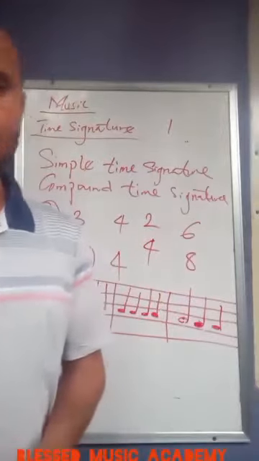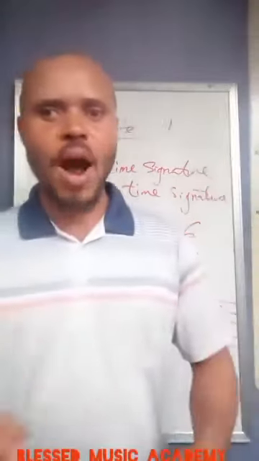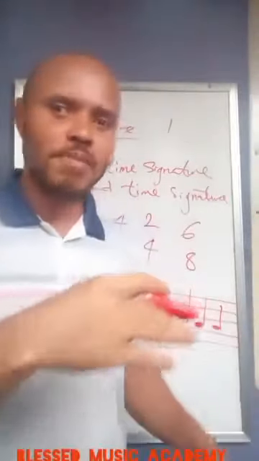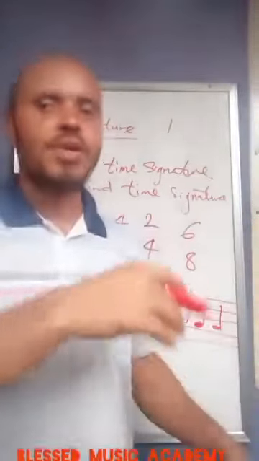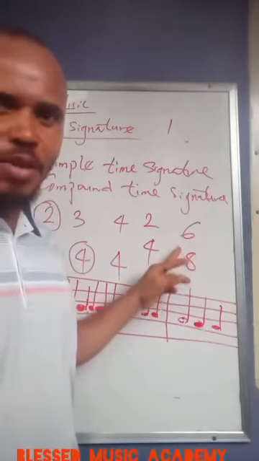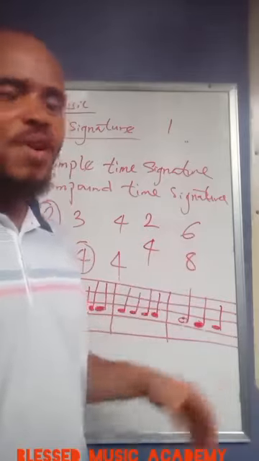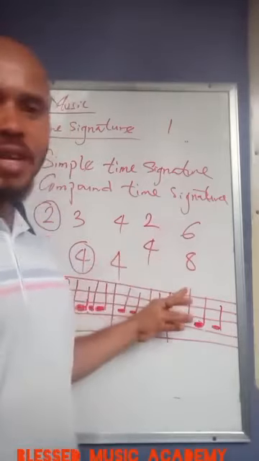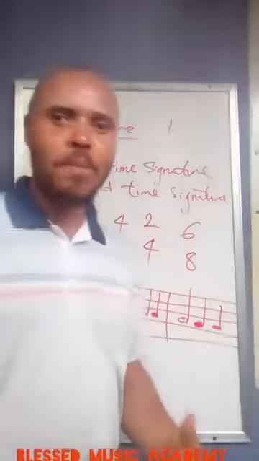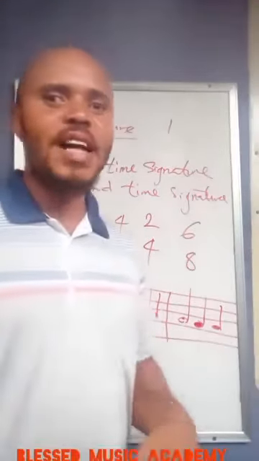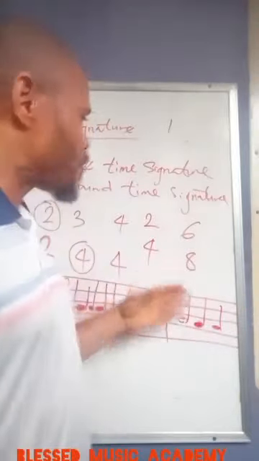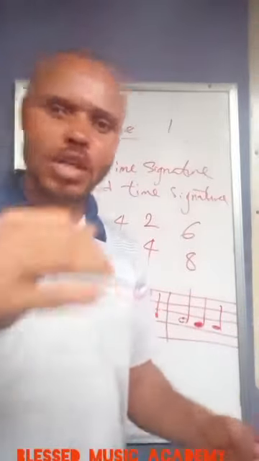2 crochet beats in a bar: 1, 2. 1, 2. That is the movement of 6/8. It's a compound time. We also have 12/8 and 9/8. All these are compound time. In compound time, you divide the upper figure by 3 and the lower figure by 2 to give you the actual movement.